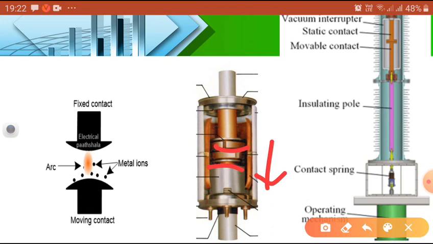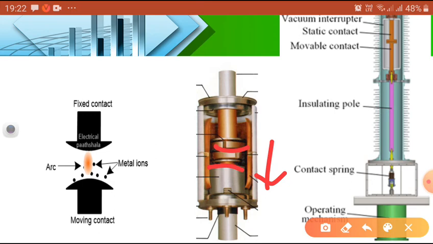Now what has happened on the contact surface? The arc interruption in a vacuum interrupter is different from other types of breakers as we have seen previously. Whenever the arc comes, the media will play a role, for example generating hydrogen bubbles.